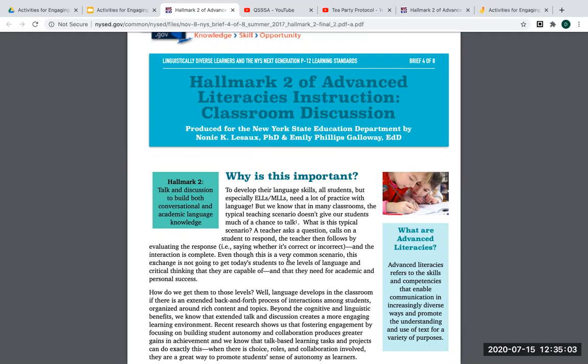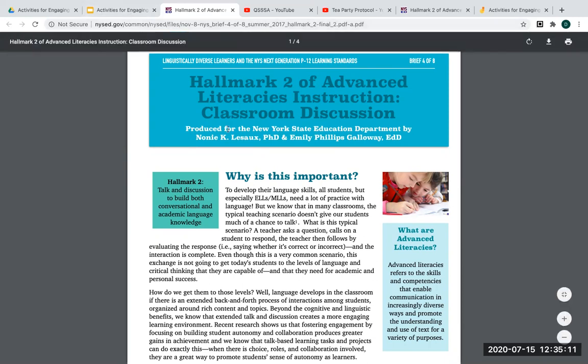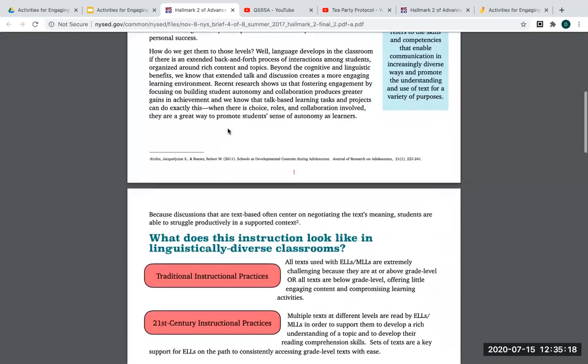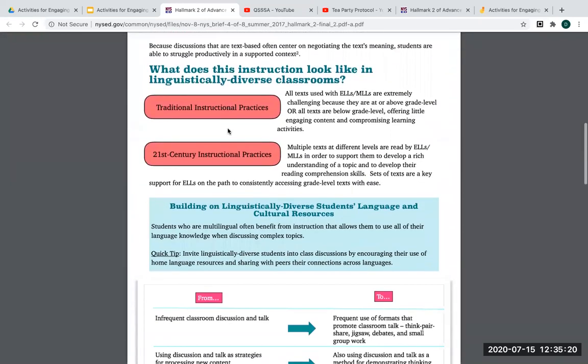And this particular brief, Hallmark 2, focuses on talk and discussion to build both conversational and academic language and knowledge. And it goes on to explain why it's important to give students the opportunity to practice language and some different ideas, but it also shows us the shifts.